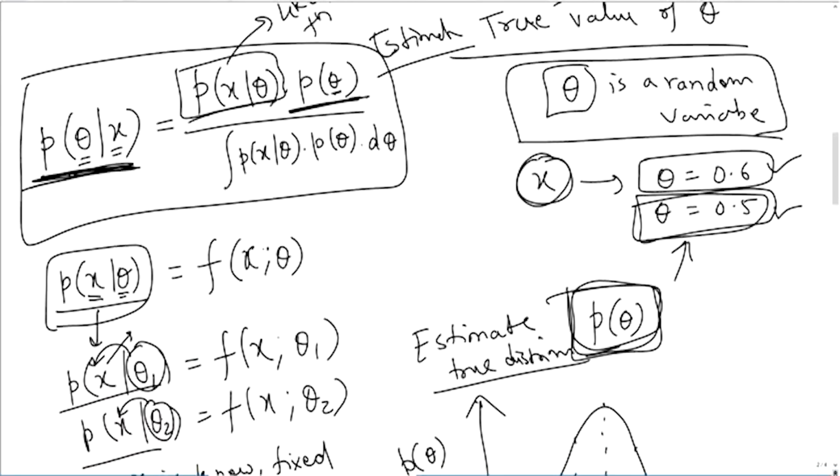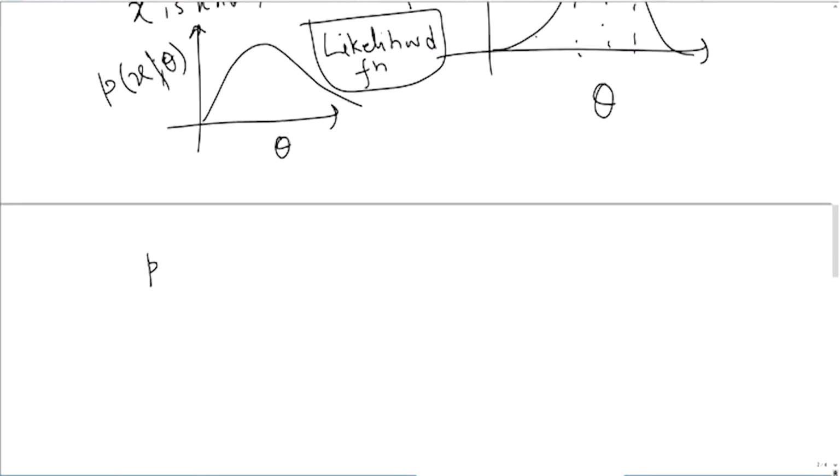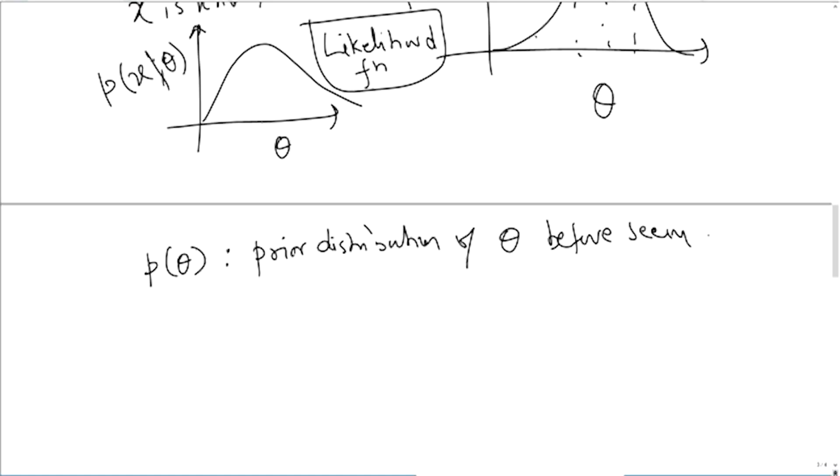What is the second term? P of theta. See, P of theta does not have any conditional component. It looks like it's just the probability density of theta. It does not have any data term. What it is called is the prior probability distribution, or prior distribution of theta before seeing any data, or before seeing the given data x.